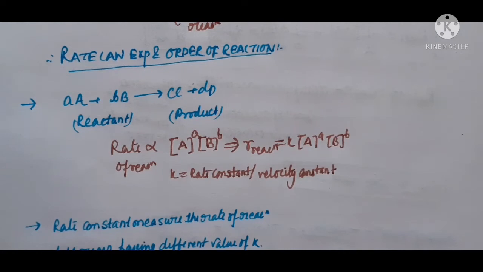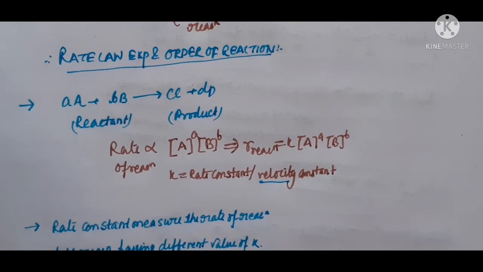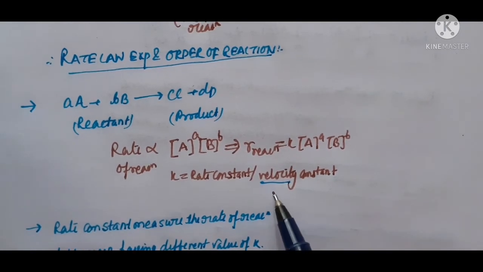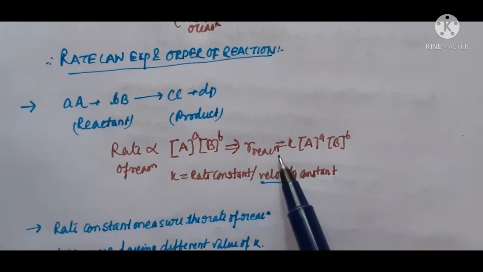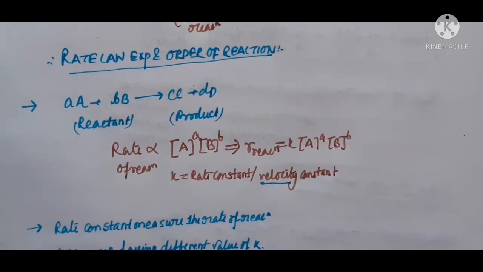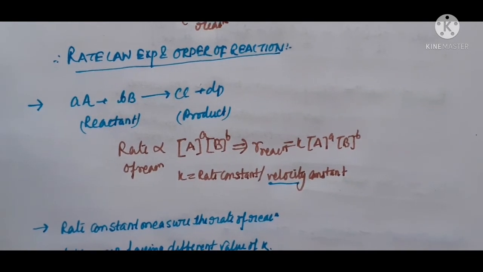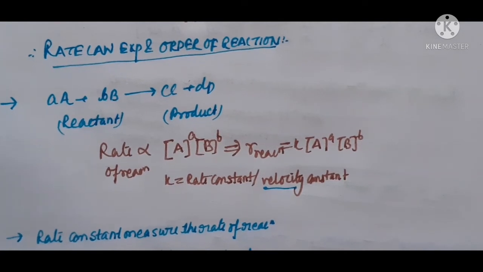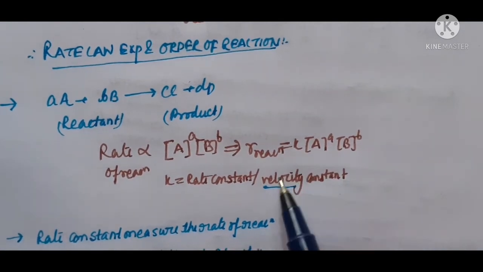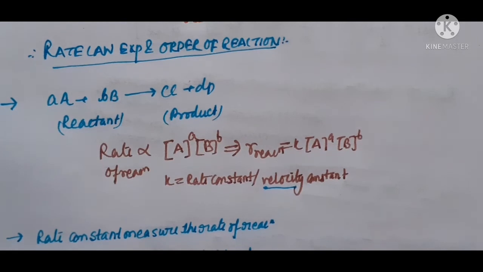Now there is a question: why do we say velocity constant? It is only due to the fact that the chemical reaction takes place in a specified direction. Therefore, we can write K as a velocity constant.